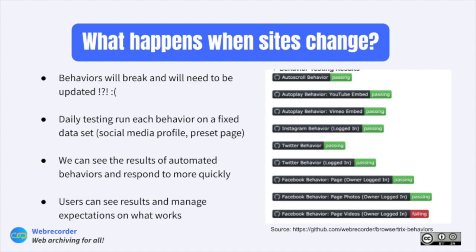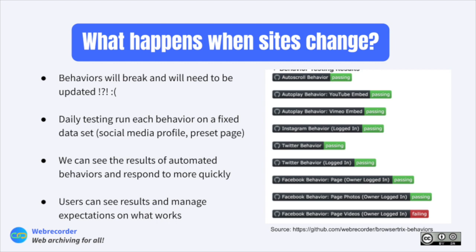Now we actually have daily testing that runs on GitHub Actions. These tests run some of these predefined behaviors, which includes Twitter, Instagram, Facebook, different types of Facebook pages, and also auto scroll, and they test when something breaks.